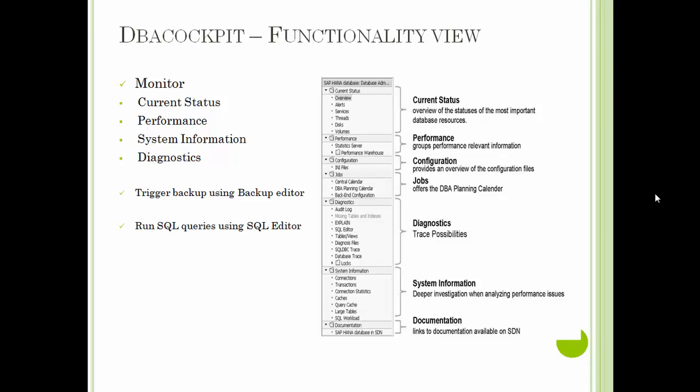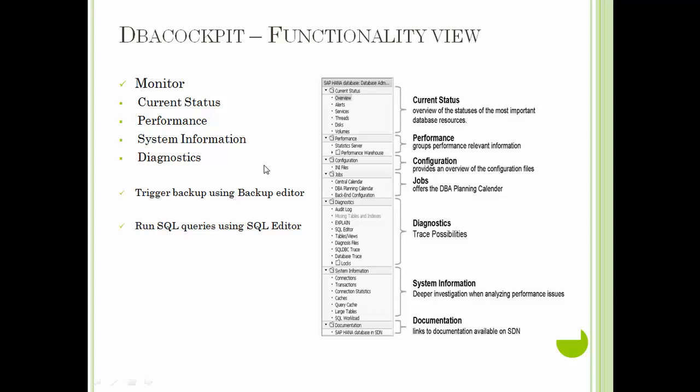Now let us understand what the different functionalities available with DBA Cockpit are. Yes, we know that DBA Cockpit offers similar functionalities in comparison with SAP HANA Studio, that is with respect to administration activities only.